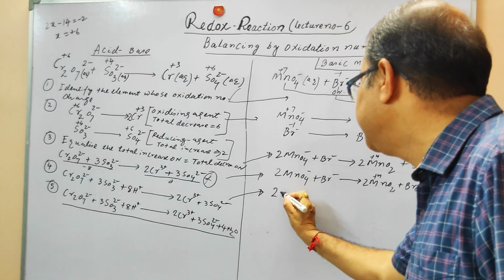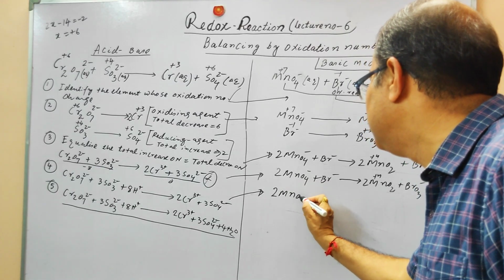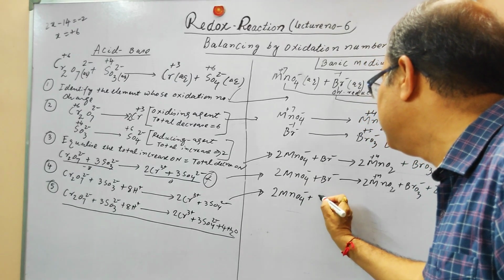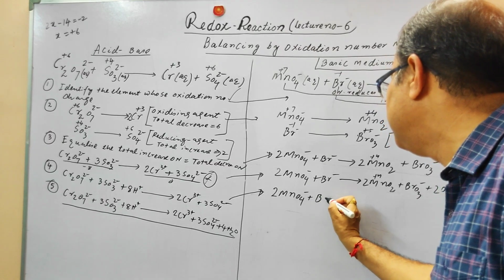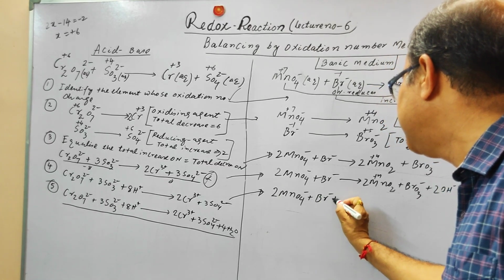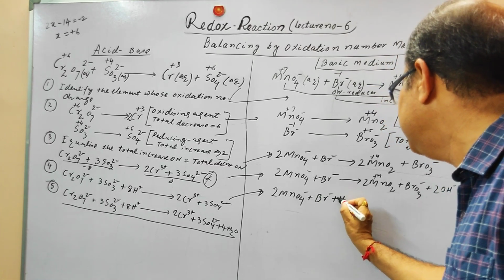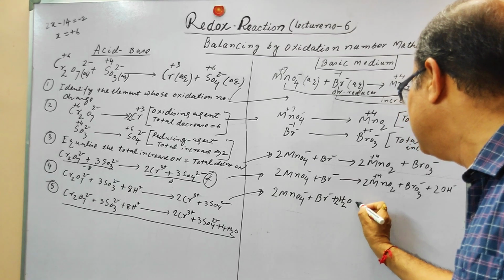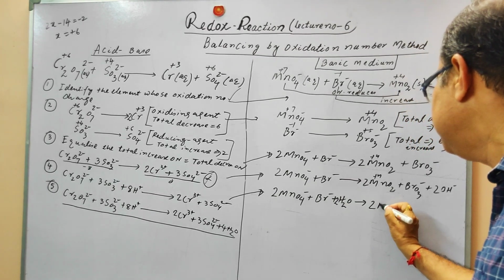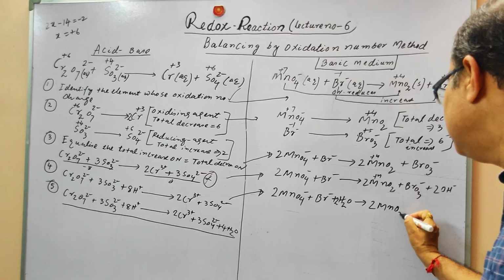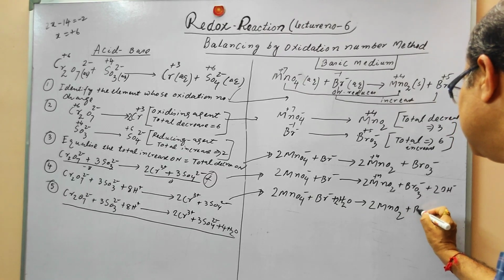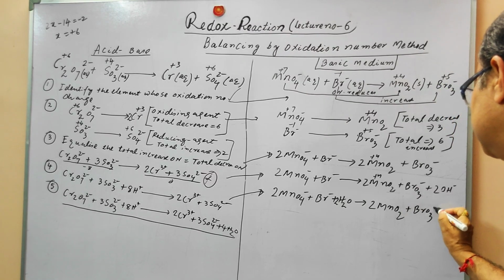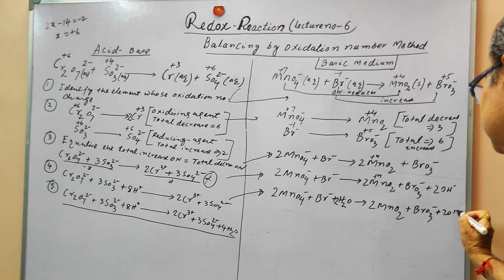So we will make it 4 MnO4 minus plus Br minus plus 2 H2O, and that will give MnO2 plus BrO3 minus plus 2 OH minus.